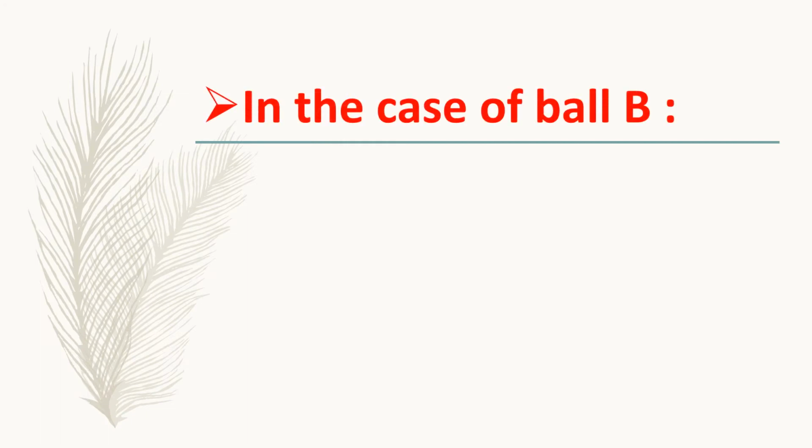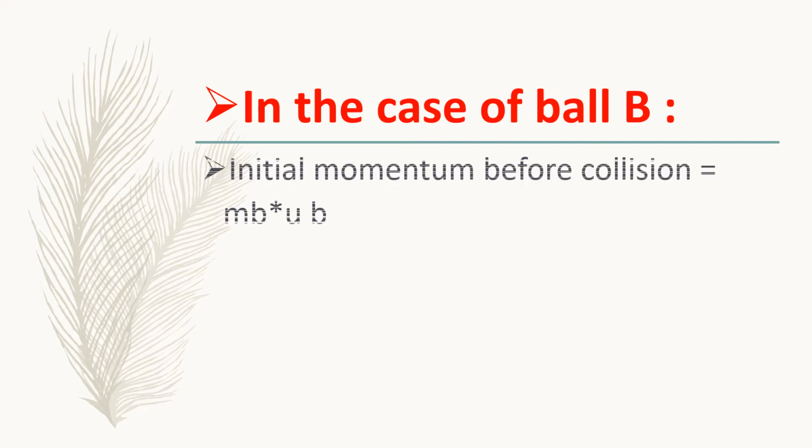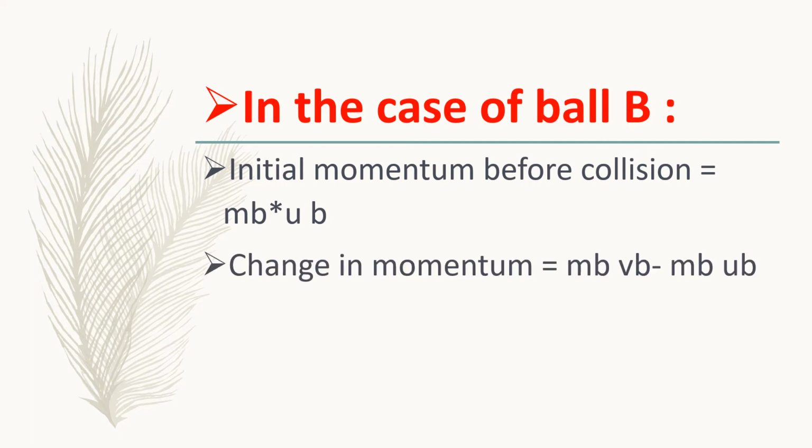Now let us move to the case of ball B. It is moving with velocity ub. So the initial momentum of this ball before the collision is mb multiplied by ub. After the collision, the ball B moves with the final velocity vb.